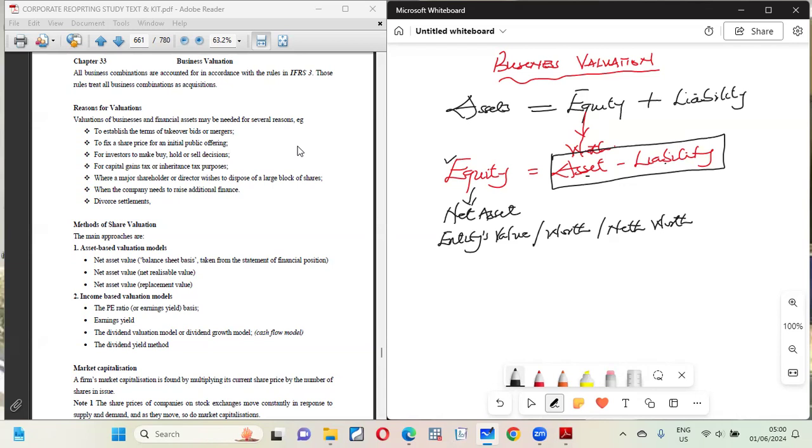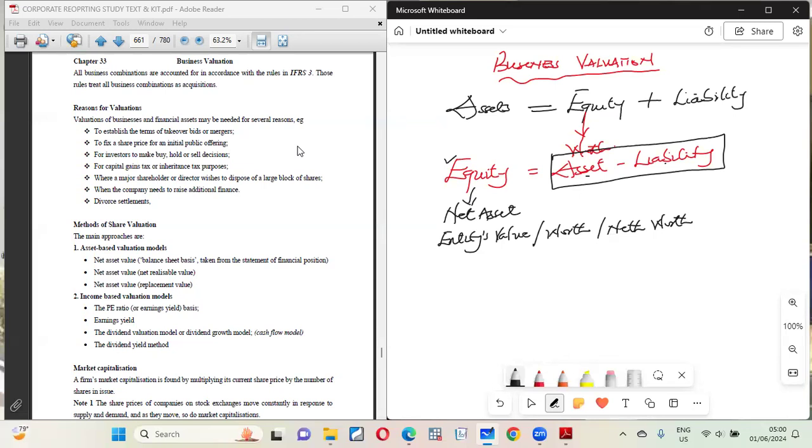Of course, some of the reasons are that we want to establish the terms of the takeover, like the terms of selling something. Because the truth is that if you go to the market today and say you are going to buy anything, you will see that the person selling will quote a price.